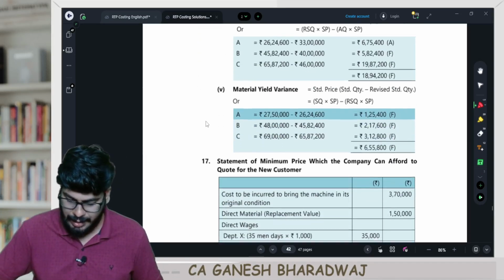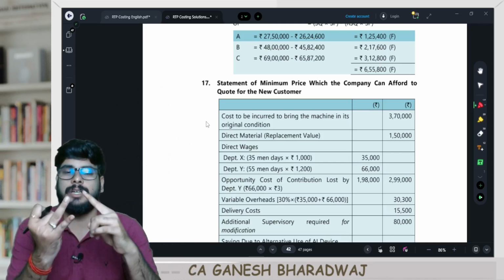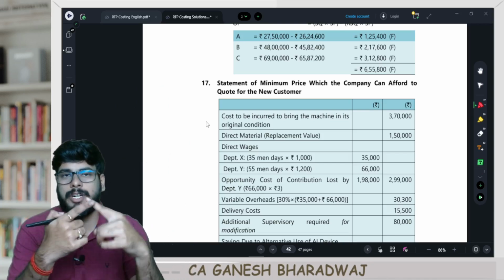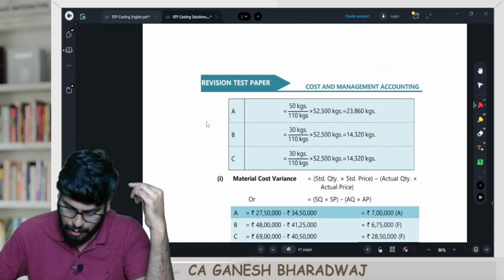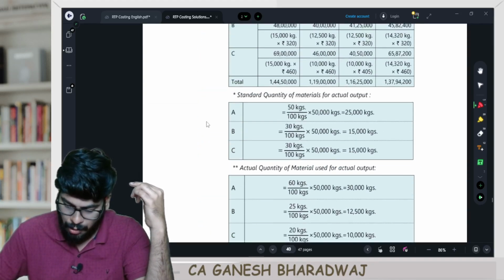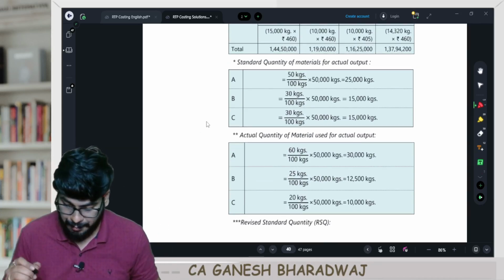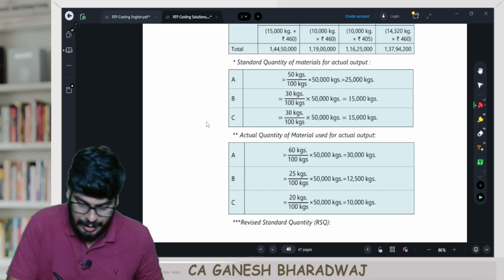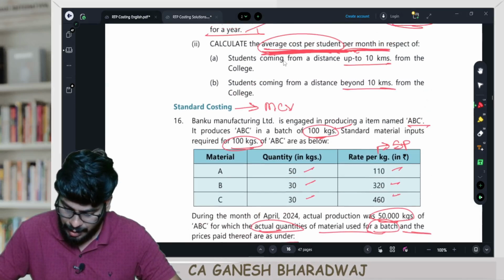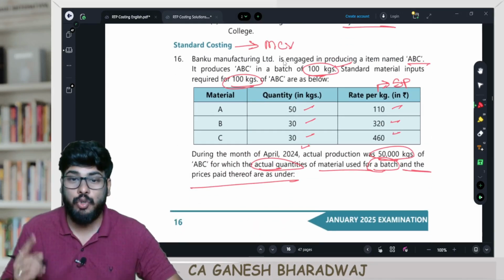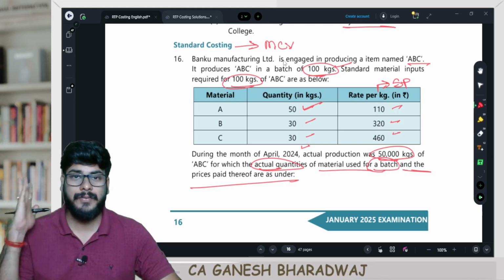Now, how do we go about with this particular question? The first thing that you need to do is you only need 4 components: standard quantity, standard price, actual quantity, actual price. So now the first thing that we need to do is calculate the standard quantity. Now, how do you calculate the standard quantity? Guys, very, very simple. If you look at this, they have given in the question, for every 100 units of output, you are supposed to consume how many kgs of product A? 50, correct?